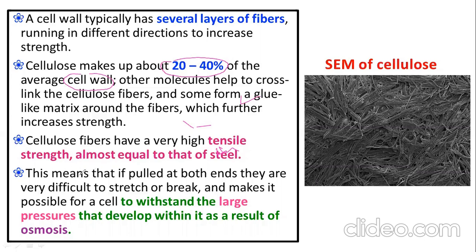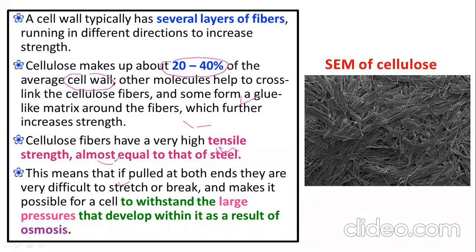This is physics. So this means that it will be very difficult to stretch or break. It's very high. And it makes it possible for a cell to withstand the large pressure that develops within it as a result of osmosis. Am I clear?